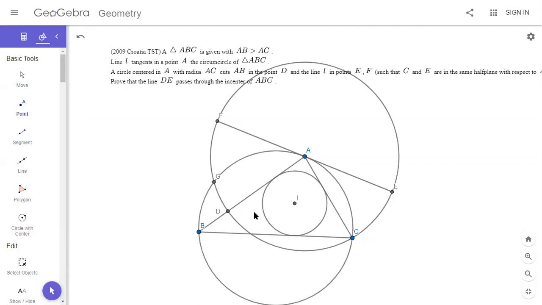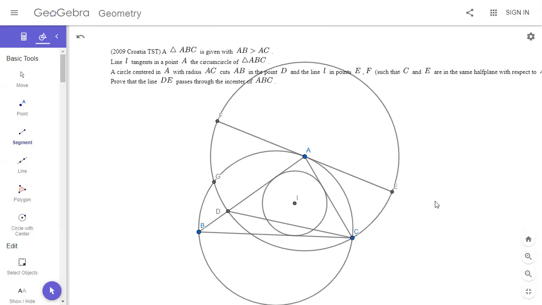Another thing, angle CAE, I think, is angle B, because of the alternate segment theorem. Angle CAE is ABC, right?